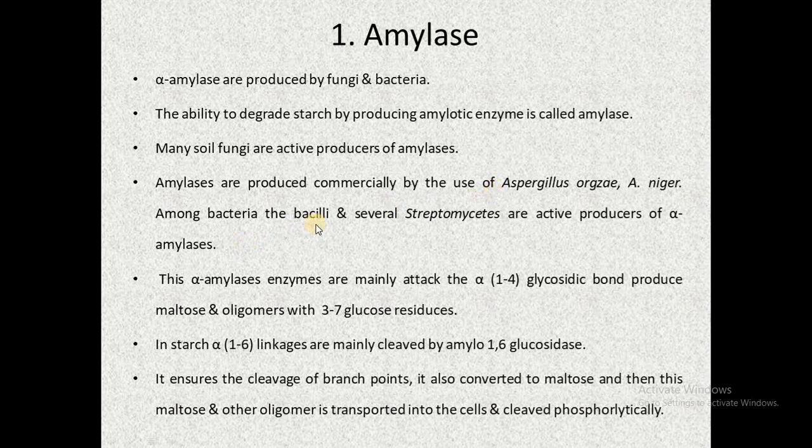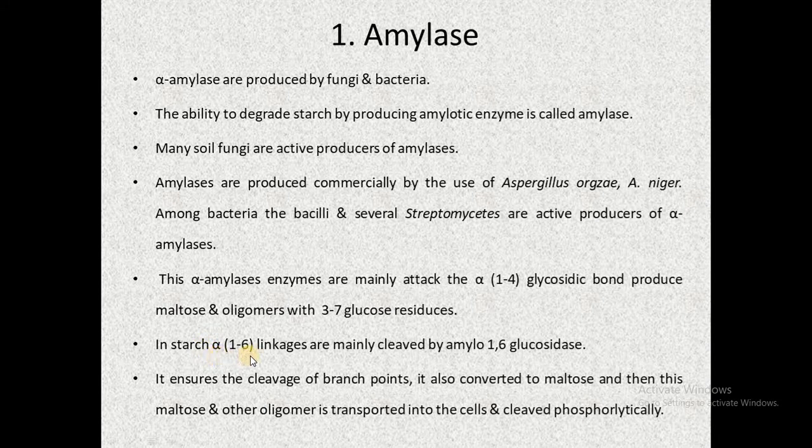Among bacteria, the bacilli and several Streptomyces are active producers of alpha amylase. Alpha amylase mainly attacks the alpha-1,4 glycosidic bond and produces maltose and oligomers with 3 to 7 glucose residues. So alpha amylase breaks down the large starch molecule into maltose and oligomers.